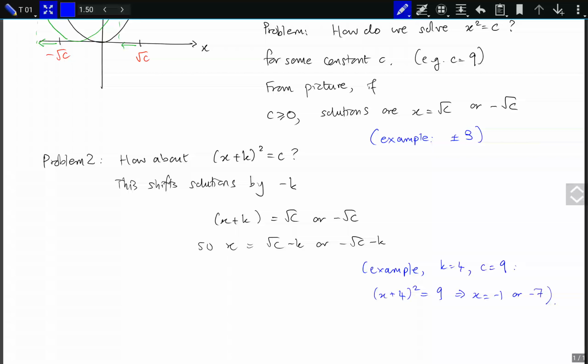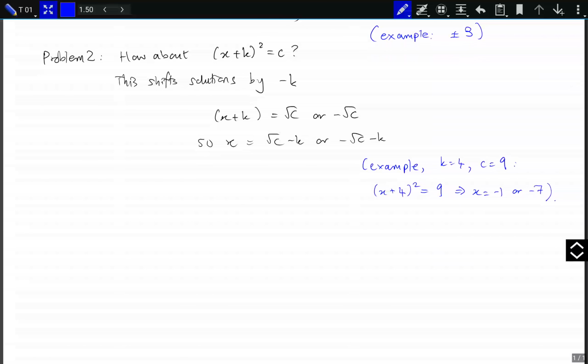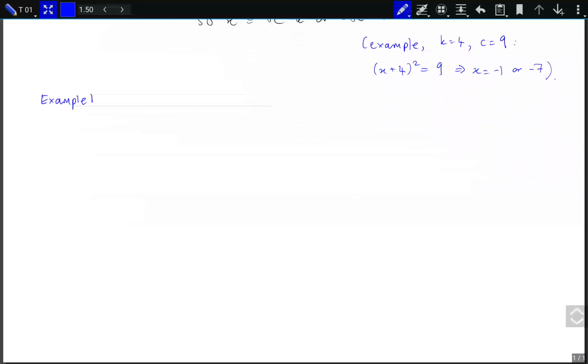Let's do 3 more general examples, and start with the first. So this time, let's find the solutions, or roots, of 2x squared minus 4x minus 3 equals 0. It's quite similar to above, but now this time we have a constant factor in front of the quadratic term, and we want to arrange into this familiar form that we already have.